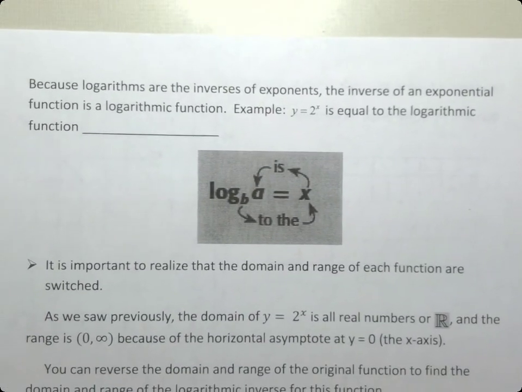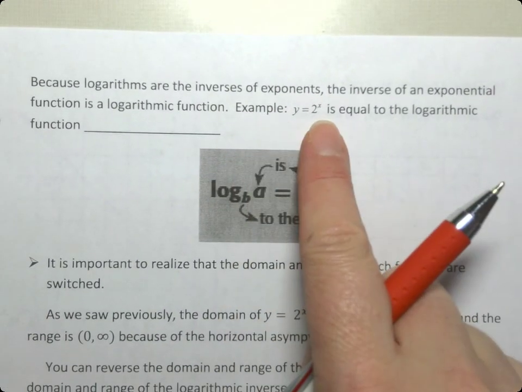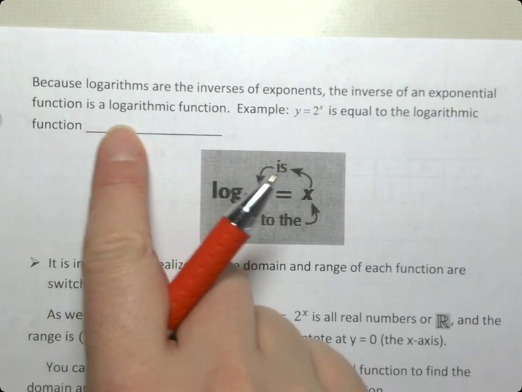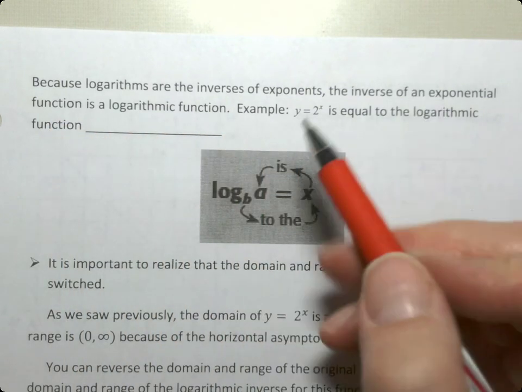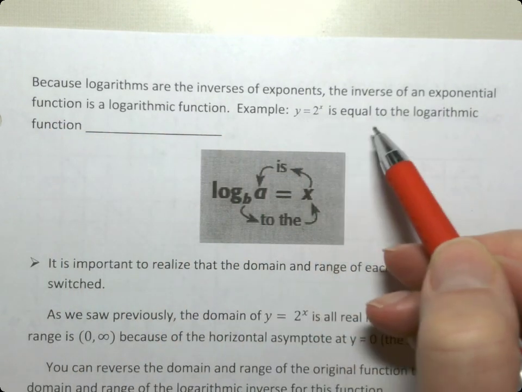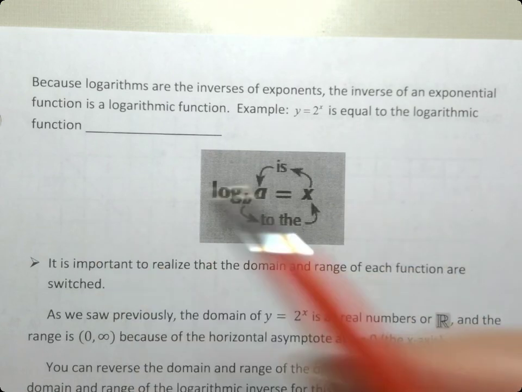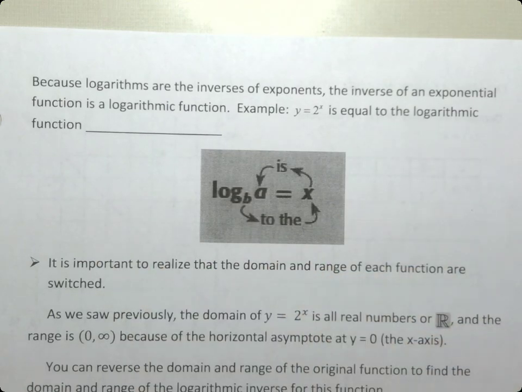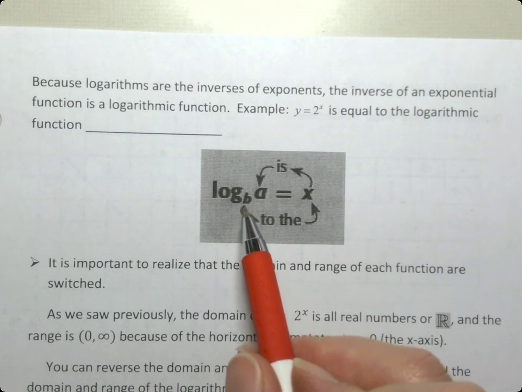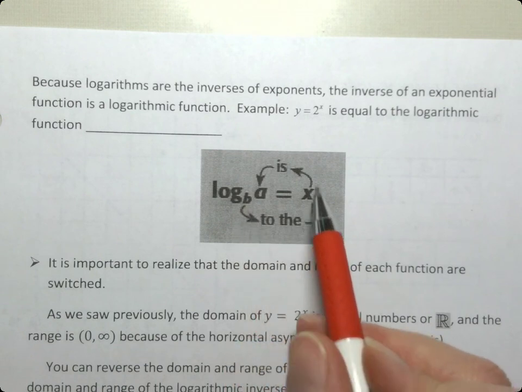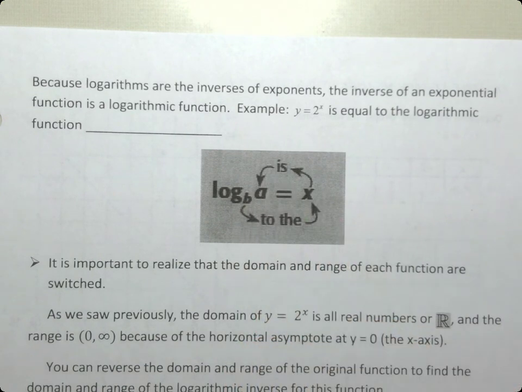Okay, so because logarithms are inverses of exponents, the inverse of an exponential function is a logarithmic function. So y equals 2 to the x is equal to the logarithmic function. All right, now think about this. You know how we change the base to the power gives me that a value.